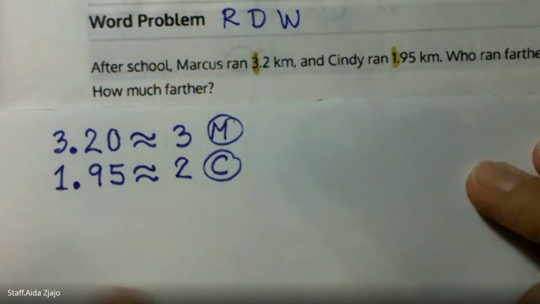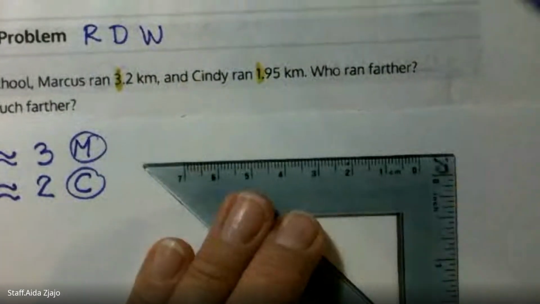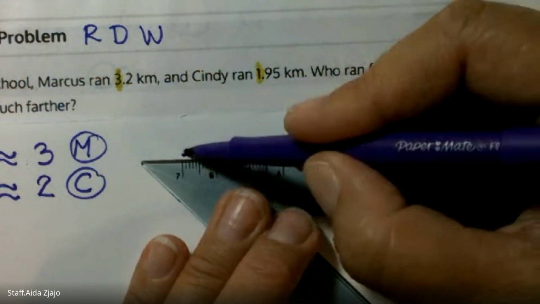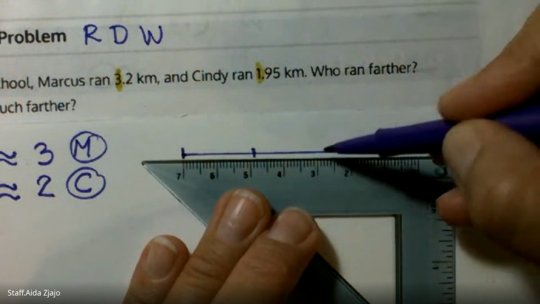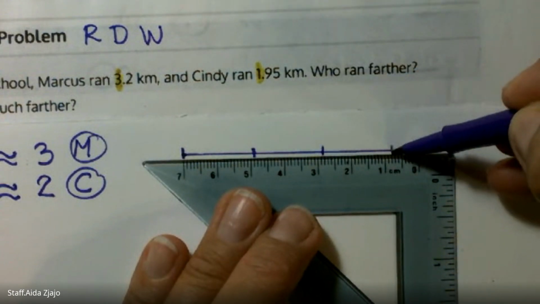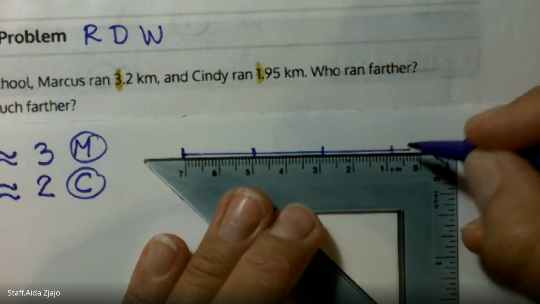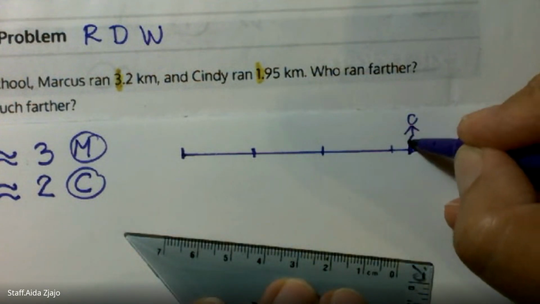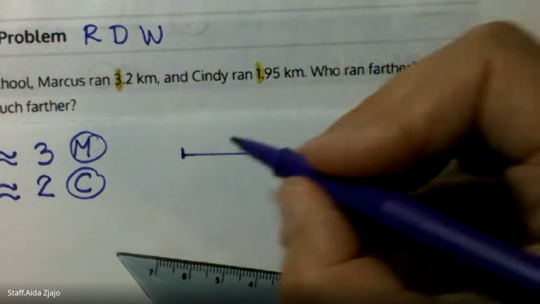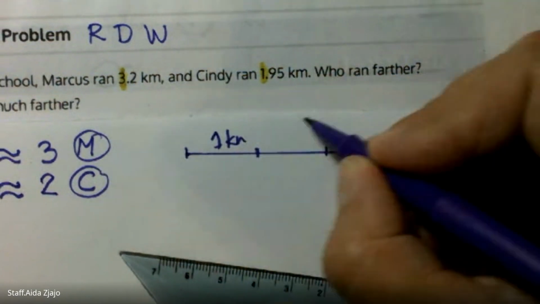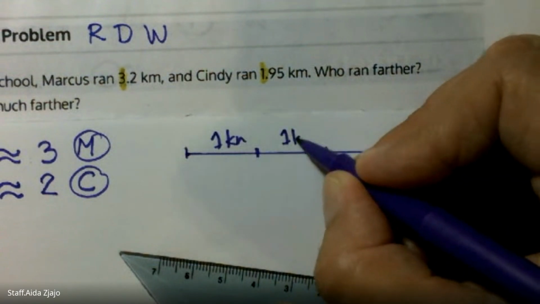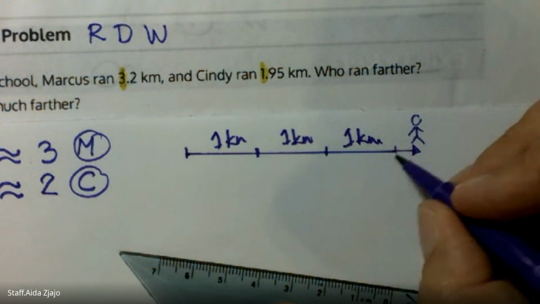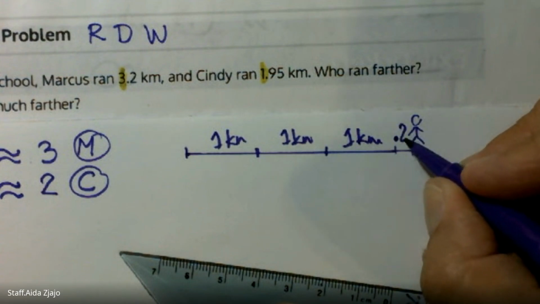Now let's think about what if you didn't know. Thinking about 3 wholes, if you think about this to be 3 whole kilometers, and then he did a little bit more, so he's about somewhere here. Okay, so that is 1 kilometer, and 1 more kilometer, and 1 more kilometer, and then this will be 0.2 kilometer.